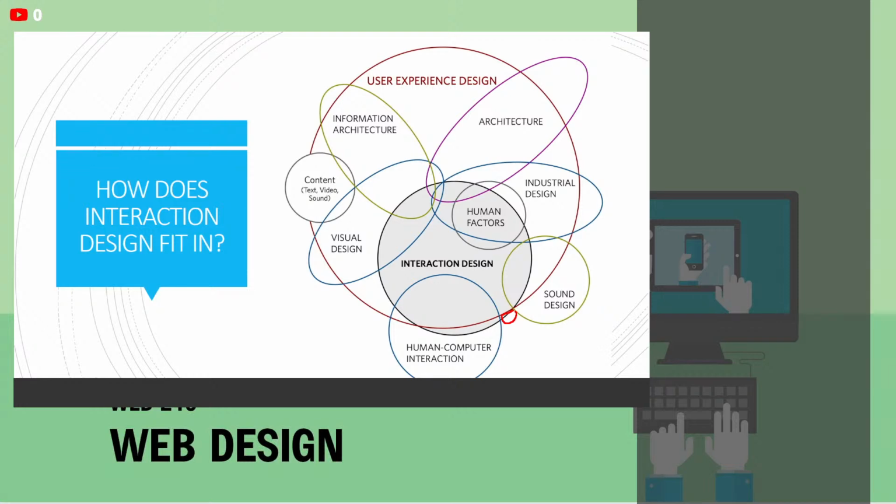For example, if I prompt an interaction based on a sound, but in general, those two don't meet. So there could be some slight deficiencies in the chart here, but overall, one of the big things to notice out of this chart is just how many different areas and how many different parts of our design and the things that we do intersect with this concept of interaction design.